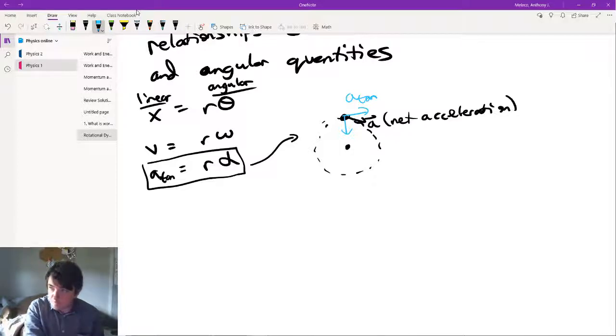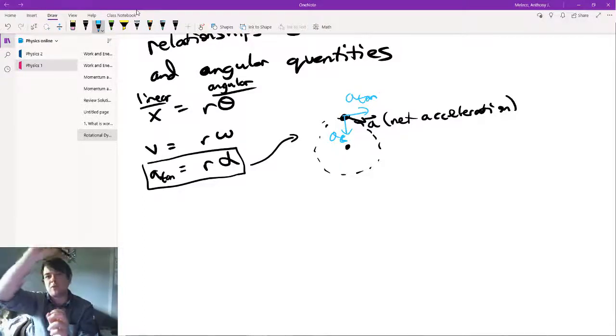This one is actually just called your AR, or your AC. This is your centripetal acceleration, and it points inward. What happens with rotation is that AC is the acceleration caused by the thing that's causing the rotation in the first place.